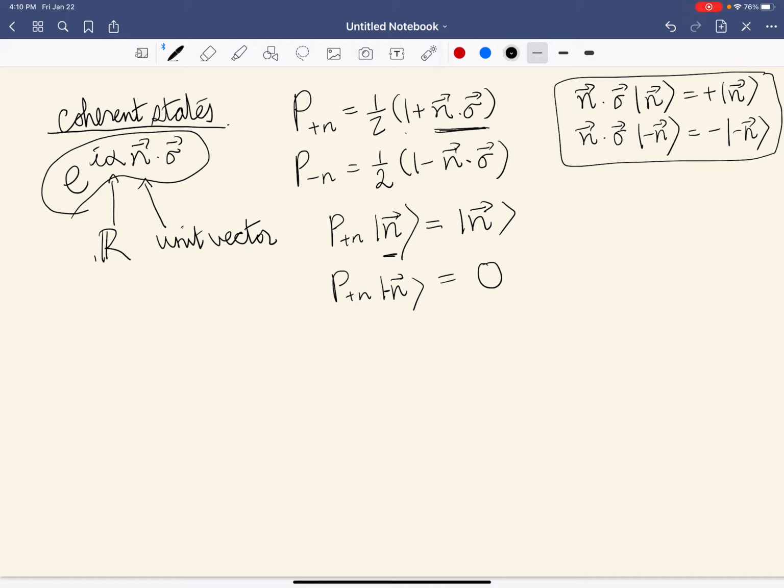Going through these considerations will convince you that P plus n that we defined here is nothing but this sort of projector, and P minus n is nothing but this sort of projector. And when you add these two together, you get, once again, a unit matrix.